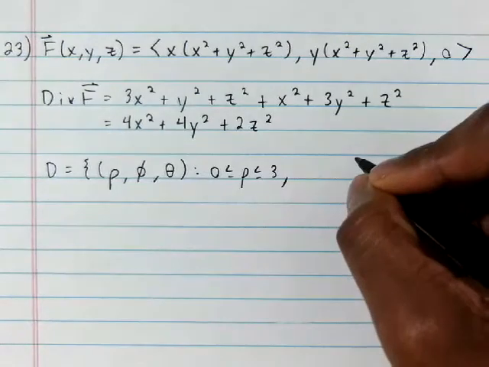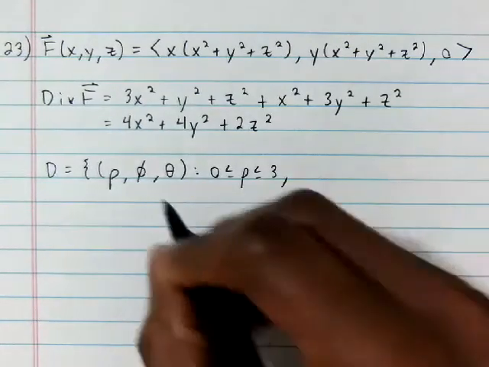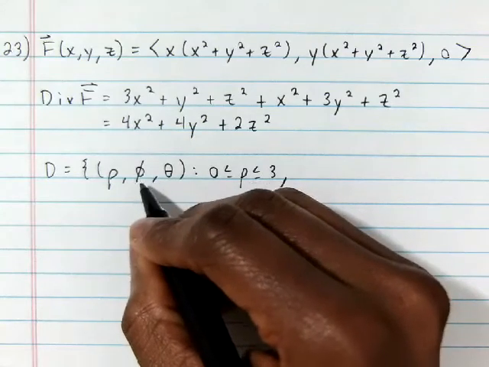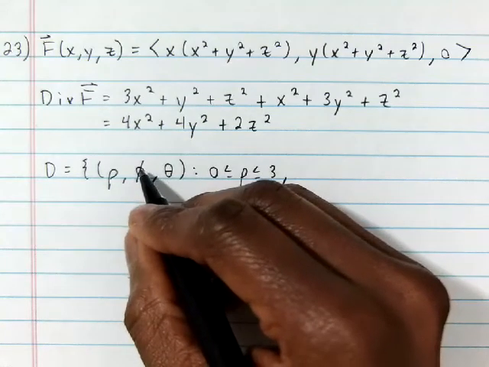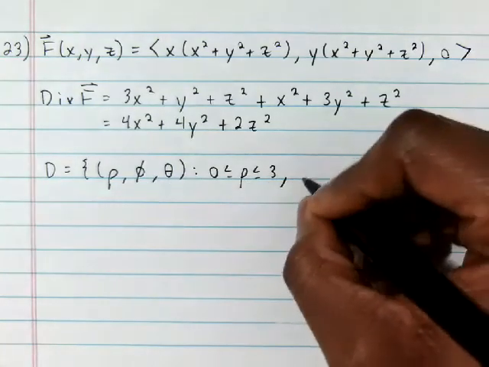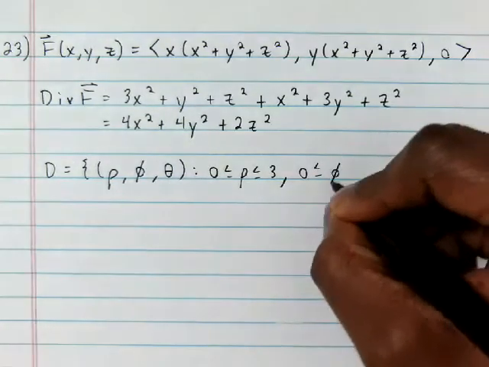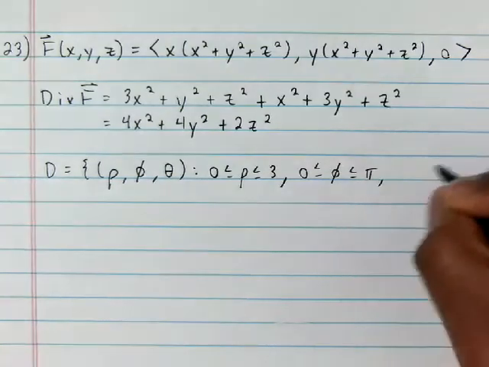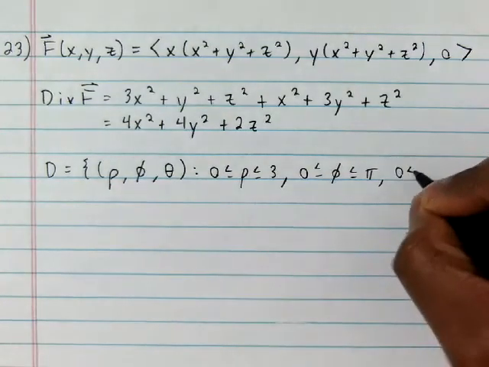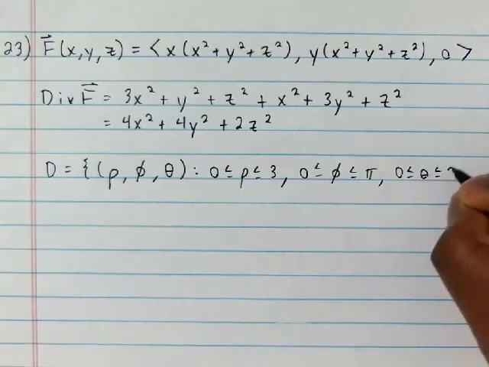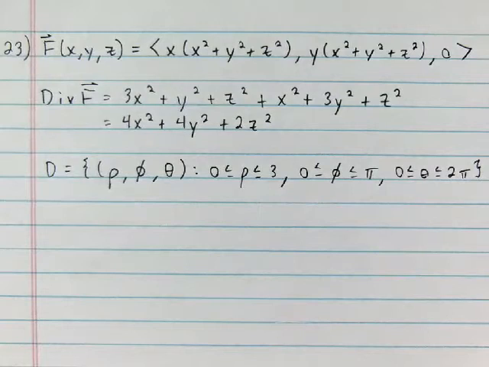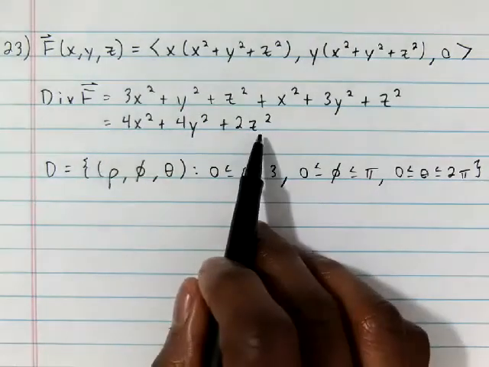And then because we have the full sphere, we're going to go from phi equals 0, the positive z-axis, all the way down to phi equals pi, the negative z-axis. And then theta is going to go all the way around, 0 to 2 pi. So that's the region D over which we are integrating this.